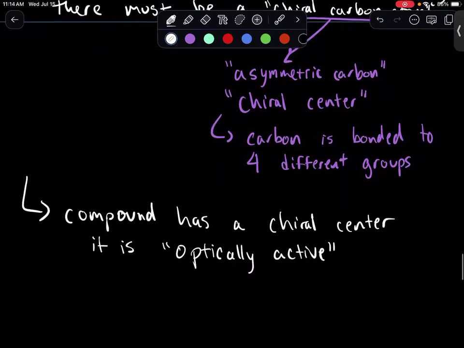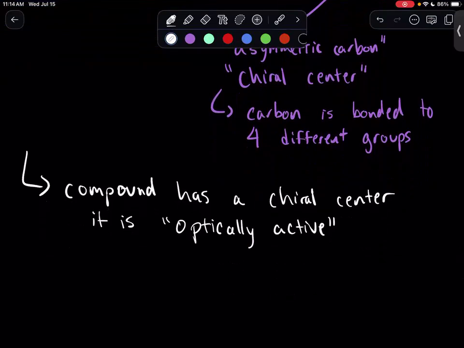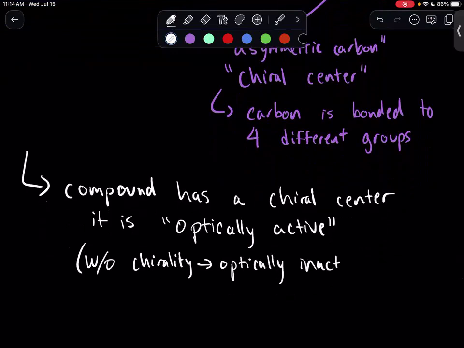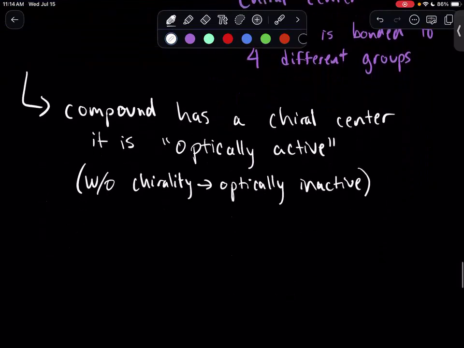If there is no chiral center, so without chirality, we call it optically inactive. So please make sure you go through this 100 times if you need to learn all these terms.